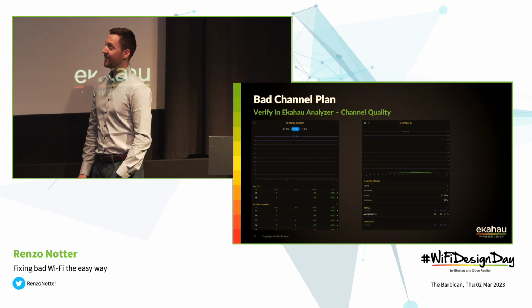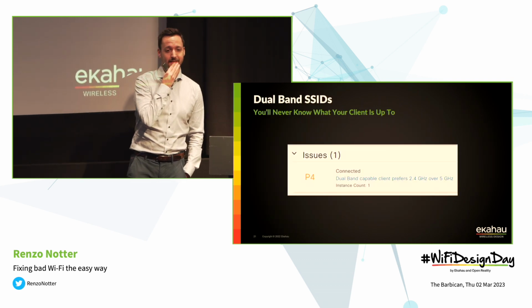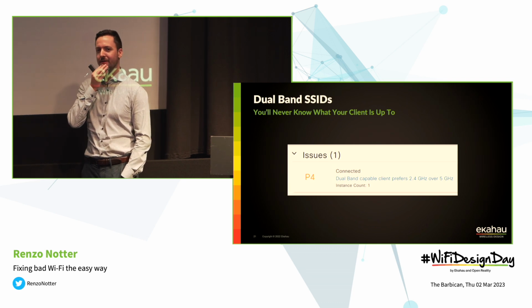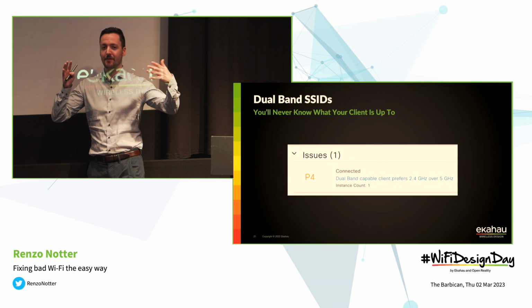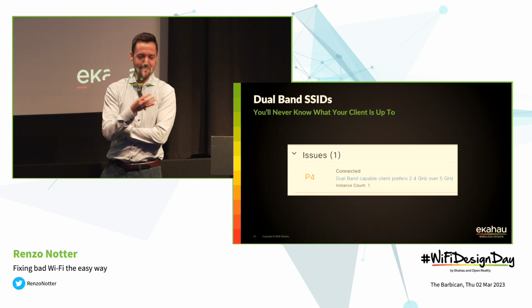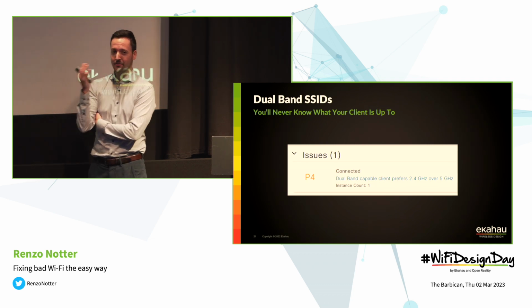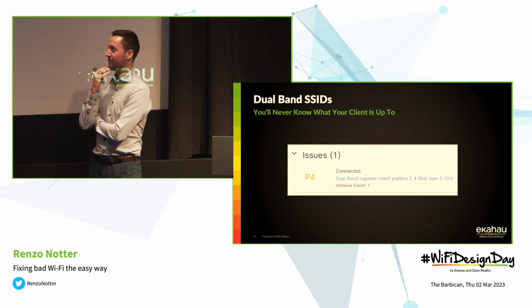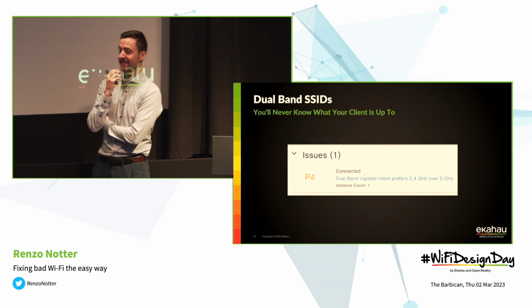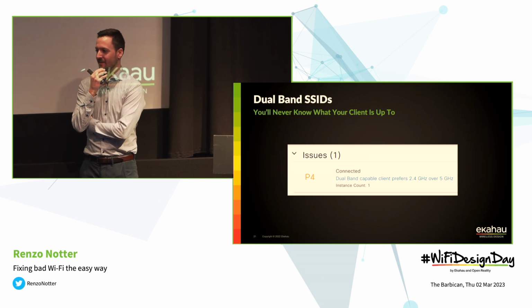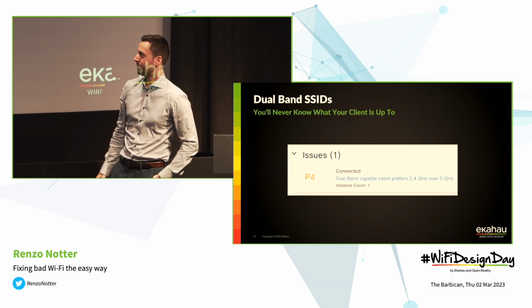And the last thing I really see oftentimes, I think Tobias talked about this, that he sees this as the default setup right now. Matt and Mac talked about how they see this as an issue. And personally, when I troubleshoot, I oftentimes see this as well: dual band SSIDs can cause quite some issues with performance and roaming.